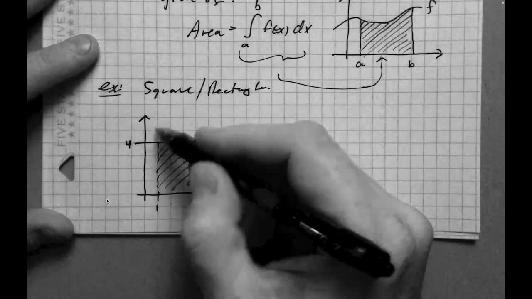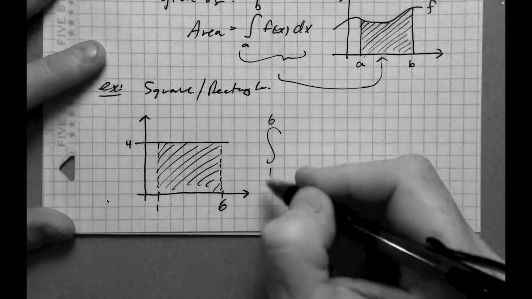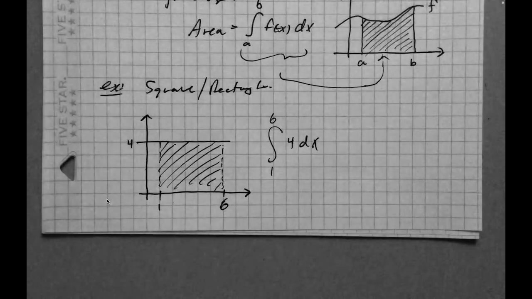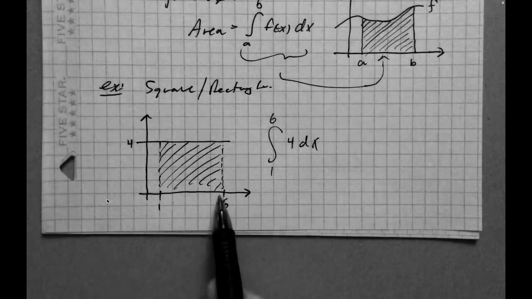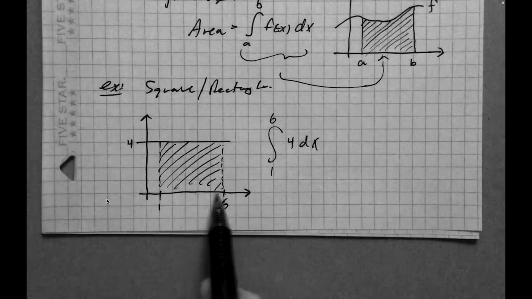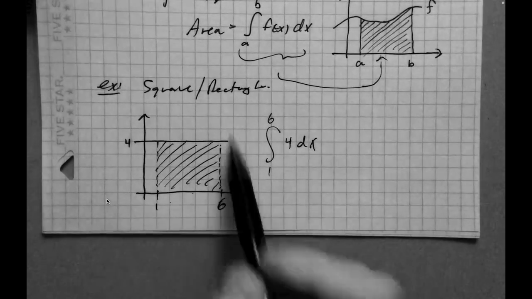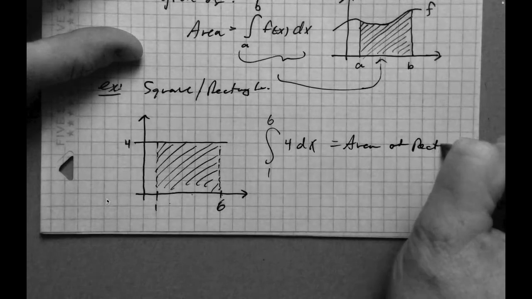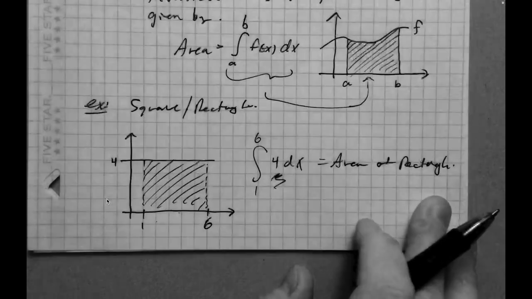So it's 4 high, 6 wide. That's equal to the integral from 1 to 6 of 4 dx. Okay, so that would be the area of a rectangle. A square would be very similar. Basically, integrate a constant, you get a rectangle.